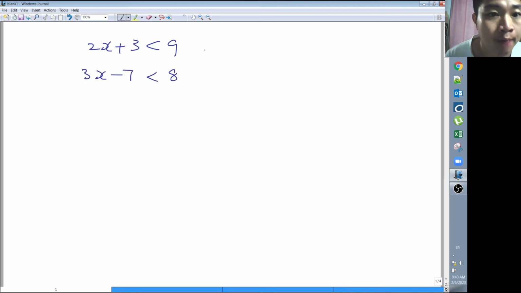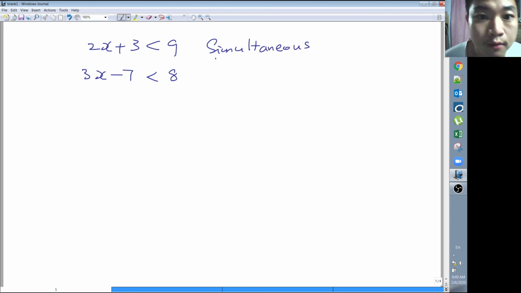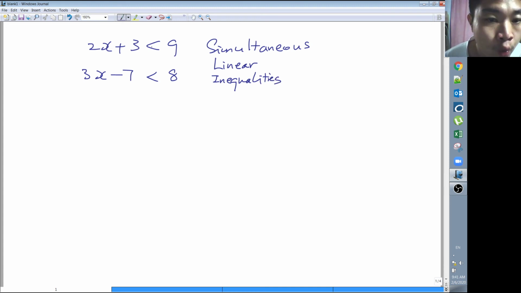By the way, this is called simultaneous linear inequality. Okay, so you have two linear inequalities here, so it is called simultaneous linear inequalities.